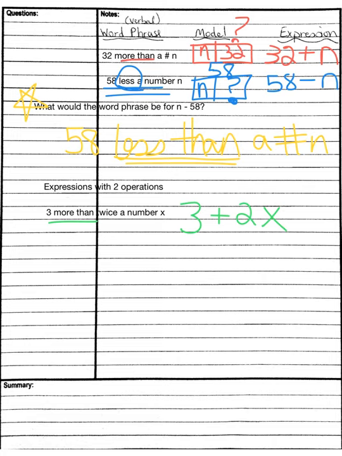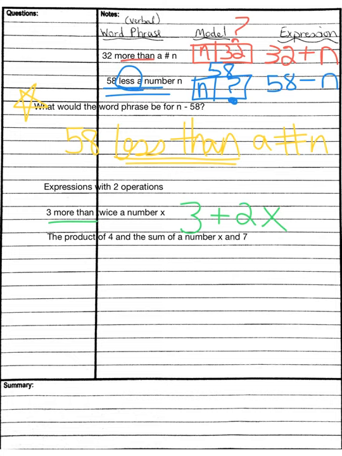One problem that gets a little tricky, I'm going to write out the word phrase and I want to see if you can come up with the actual expression. So here's my word phrase. The product of 4 and the sum of a number x and 7.